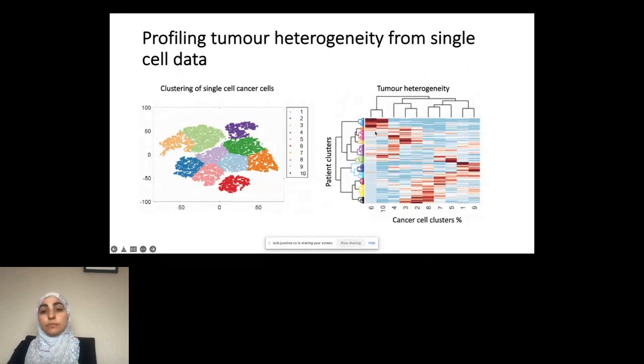These patients seem to be less heterogeneous, while some patients will have many different phenotypes in the same tumor, which can have some relevance in their progression. However, these approaches can reveal interesting things, but do not account for the spatial information that we have from these images.